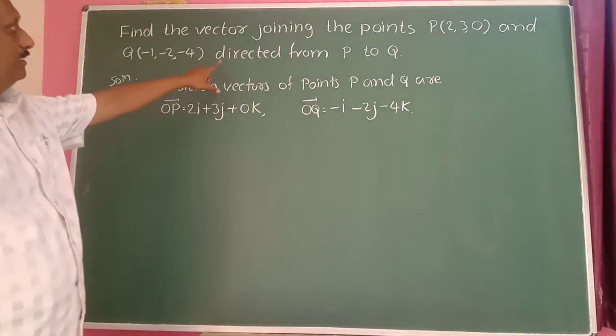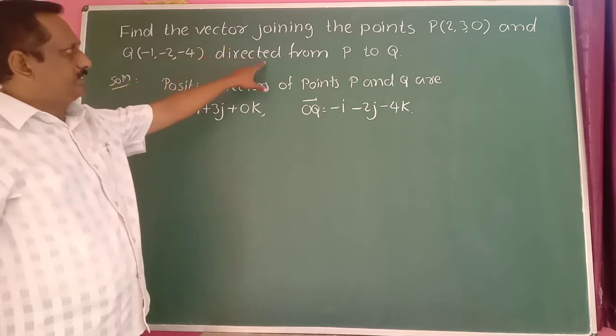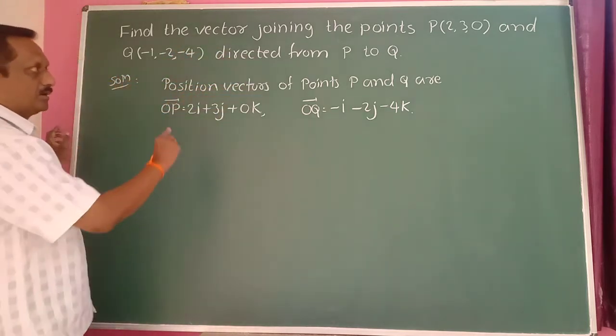Here we want the vector joining the points P and Q directed from P to Q.